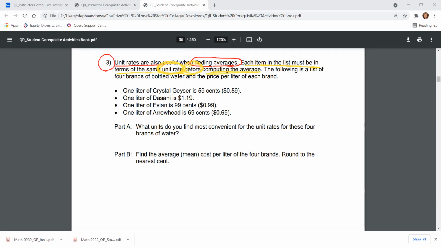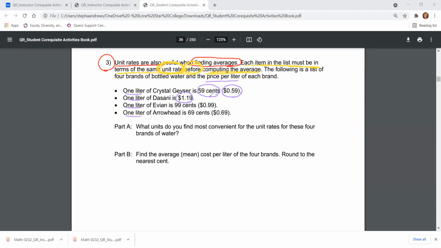You don't want to do what they say, apples to oranges. You want to compute apples to apples or oranges to oranges. So the following is a list of 4 brands of bottled water and their price per liter. And so I need to be slow, methodical, intentional. So all of these are 1 liter. But over here, it either mentions cents or it puts the cents in terms of dollars.